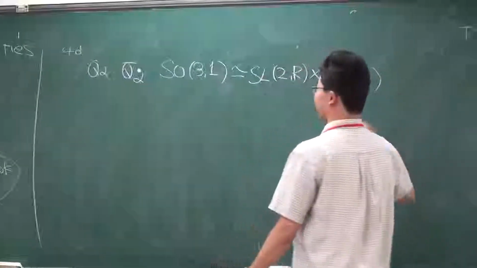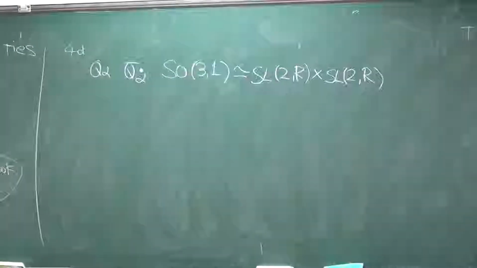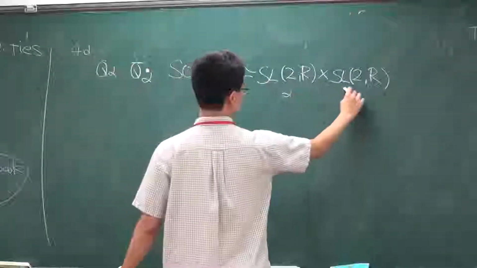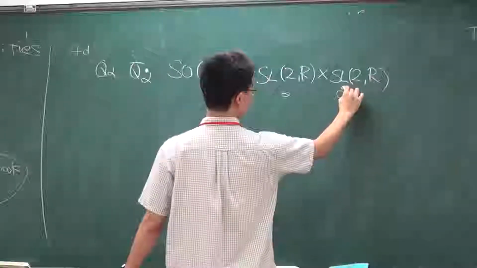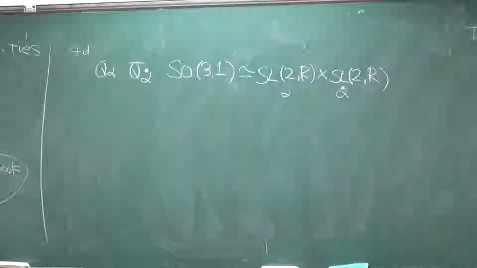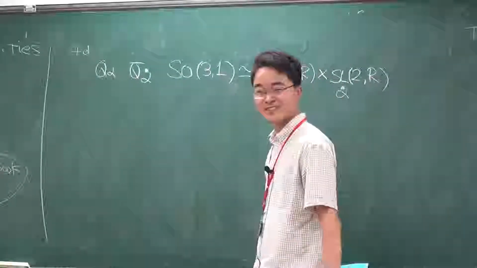This is the thing we learn in the textbook. So there could be representations of this, which are alpha, and the dotted ones represent the other SL(2,R). So this is why you have this crazy dot here.